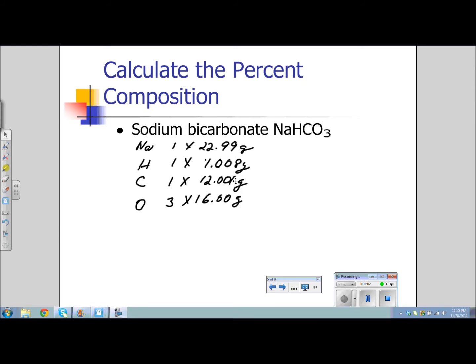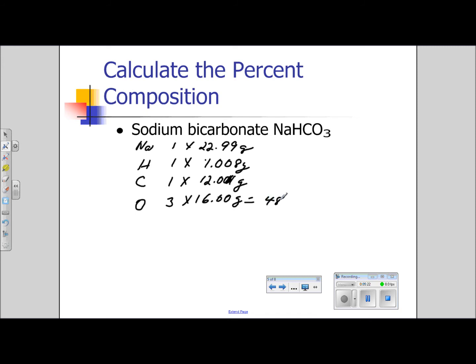Back over here, this is actually 12.01, so no 1 there. All right, so now we know that this is equivalent to 48.00 grams.